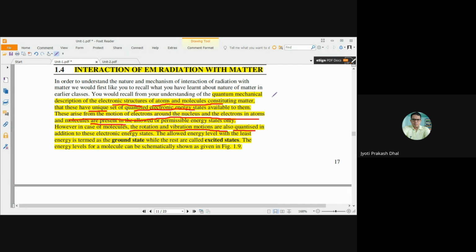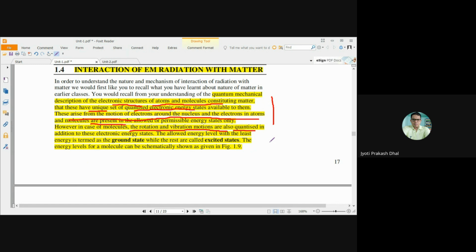If we consider an isolated gaseous atom, the different electrons are present in discrete, quantized energy levels. In an atom there is no rotational energy and no vibrational energy, only electronic energy levels.